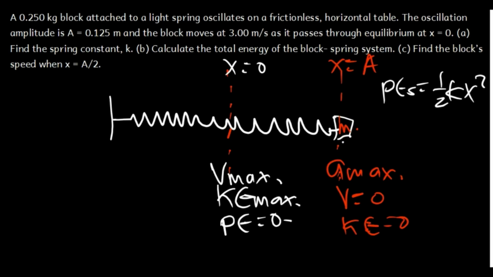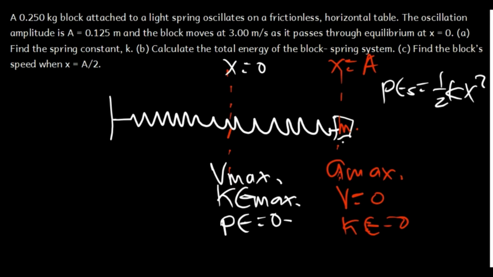And at the same point, x will be equal to A. When you have stretched the spring to its maximum position, x is equal to A. What it means there is that x is going to be equal to the amplitude. So if x is at its maximum position, we expect to have the maximum potential energy. This is the same thing we are going to have at the other end.